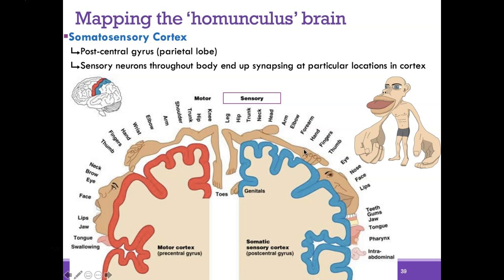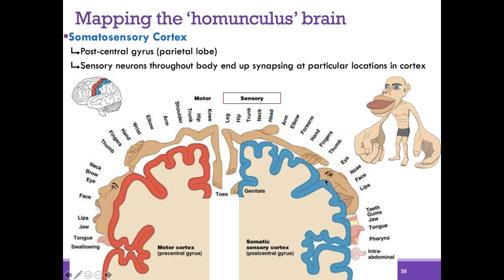Let's look over here. We have the hand, fingers, and thumb taking a large portion, right? Look how big his fingers and thumbs are. That's because a very significant portion of the somatosensory cortex is responsible for perceiving touch in our fingers. We're very sensitive in our fingers.